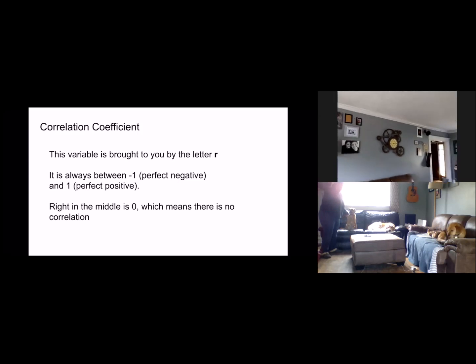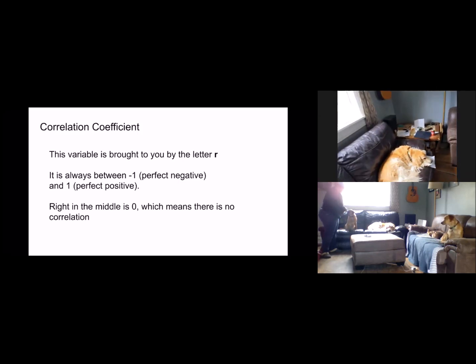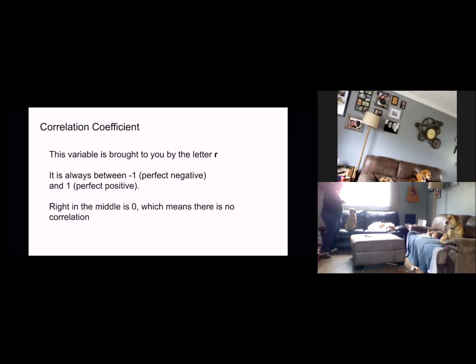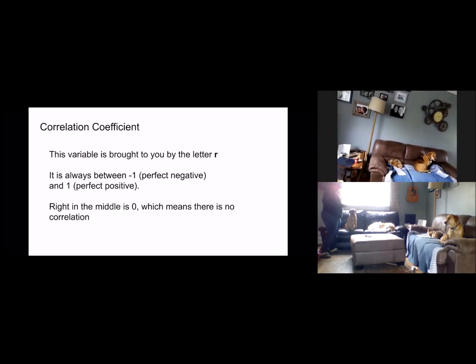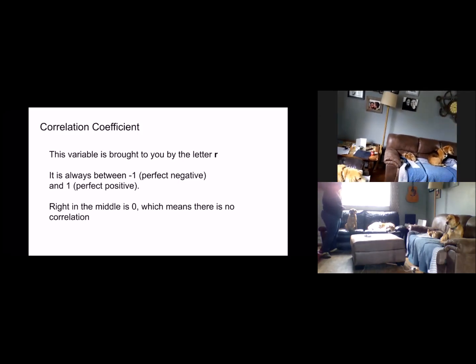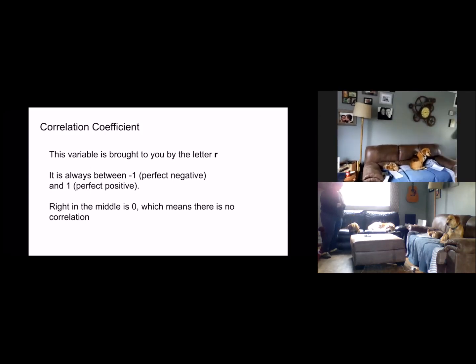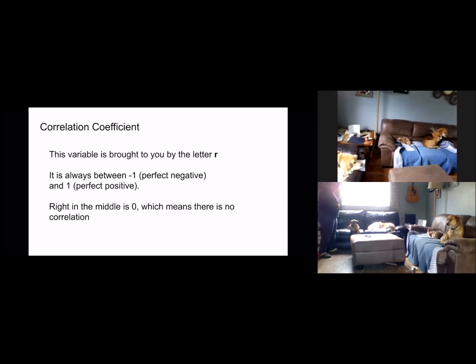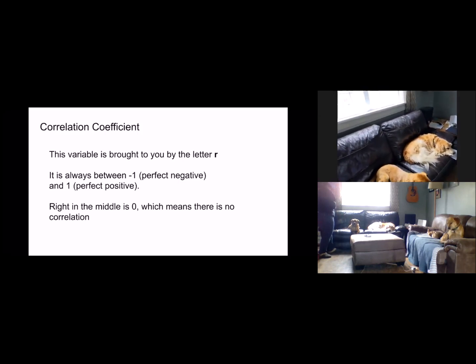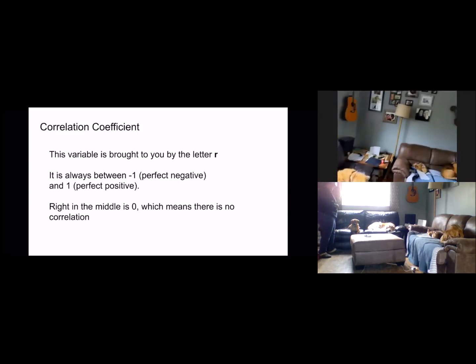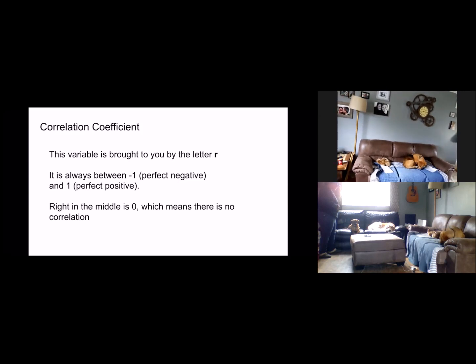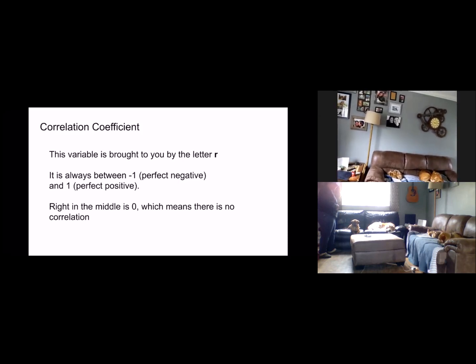Okay, our negative correlation, it makes sense we're going to give it a negative number. If we saw that the dots went down, made a negative slope, we're going to give it a negative number. A perfect negative correlation, we are going to give an R value of -1. A perfect positive correlation, we're going to give an R value of +1.